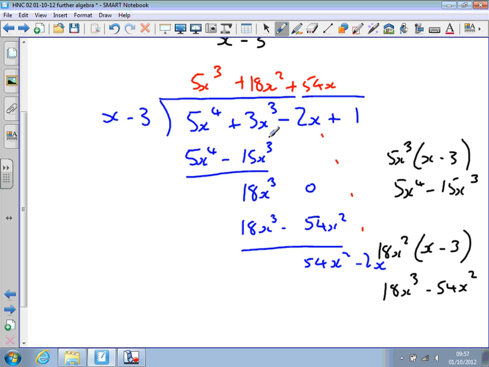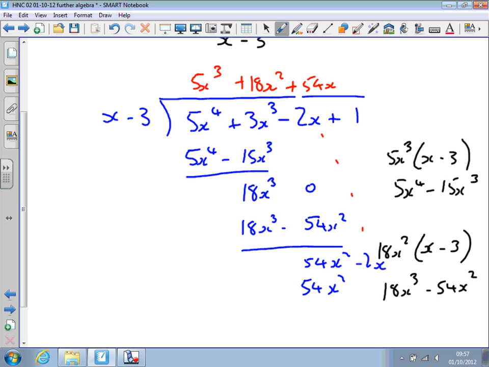So now what have we got to times x by to get 54x? 54x times x is 54x squared. 54x times minus 3 is minus... What's 54 times minus 3?